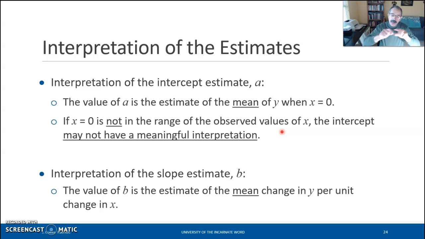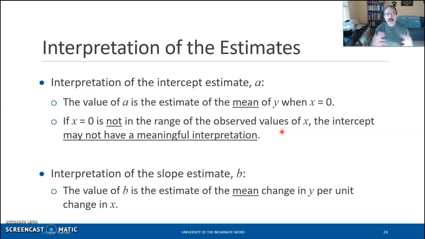Let's say that the line you fit to the data has a negative intercept, and you never collected data for the amount of sales when the amount of advertisement is 0. So you could say that for 0 advertisement, you have negative sales, which doesn't make any sense.